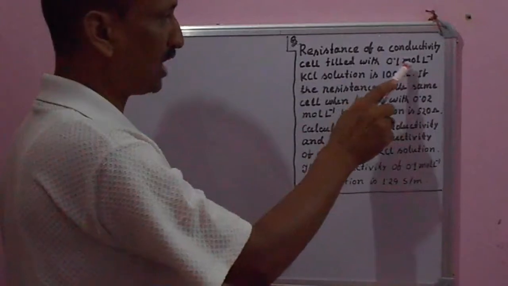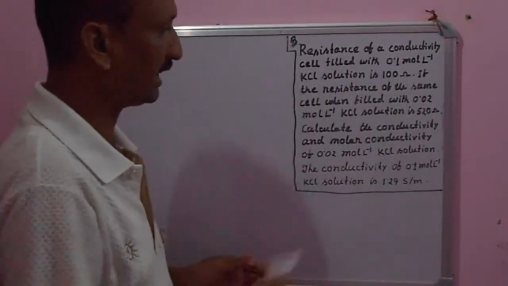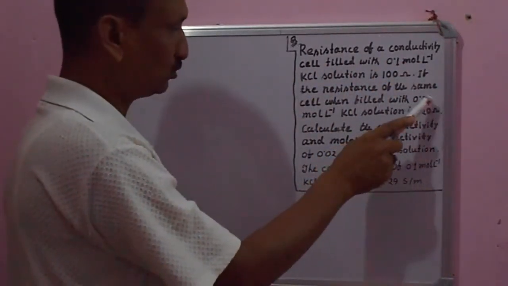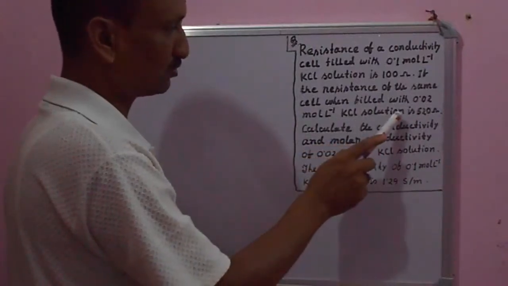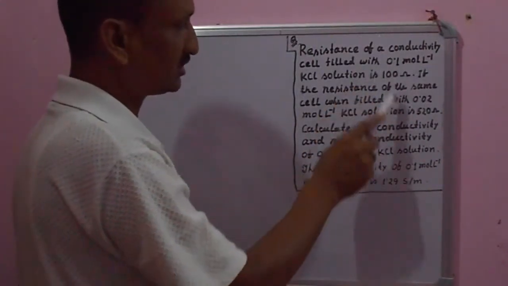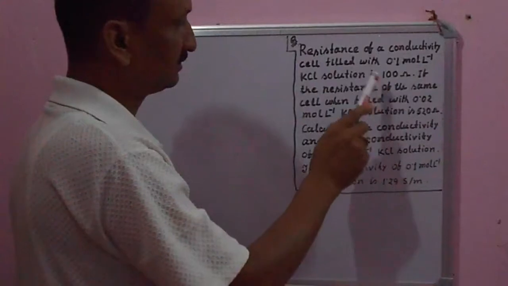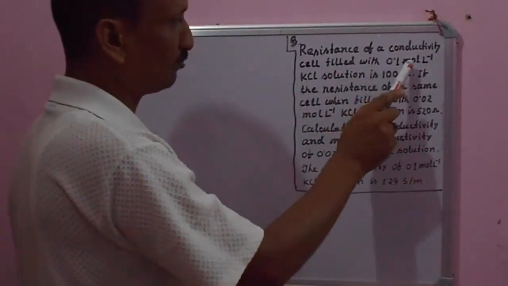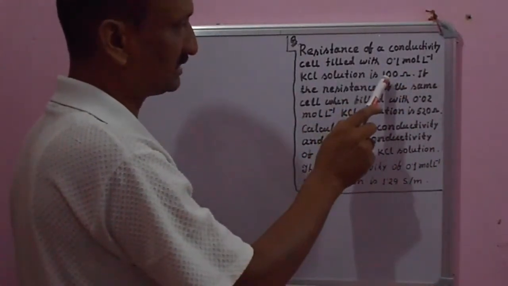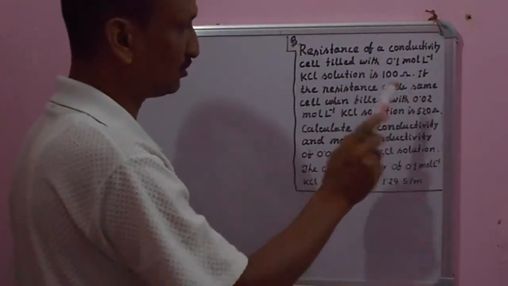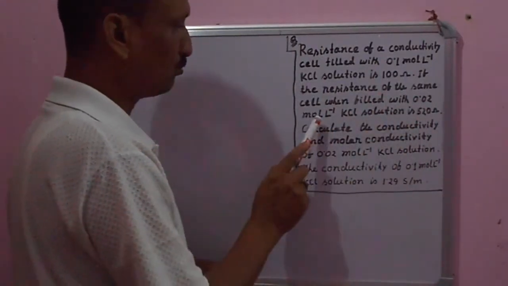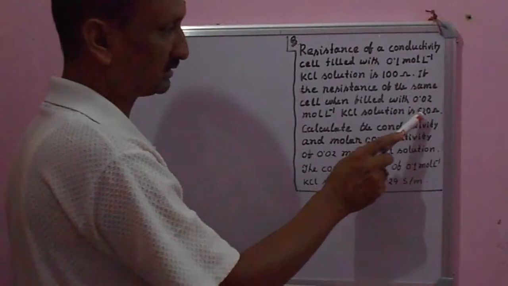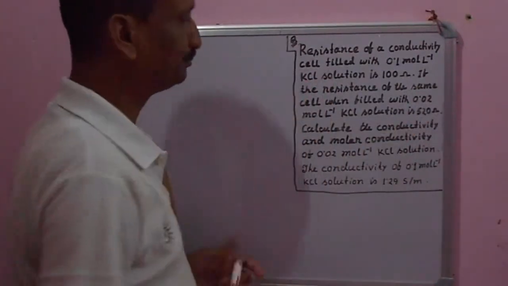One is 0.1 mole per liter KCl solution and another is 0.02 mole per liter KCl solution, and the resistance of both the solutions is measured. For the 0.1 mole per liter KCl solution, the resistance is 100 ohm, and for the second solution, that is 0.02 mole per liter KCl solution, it is 520 ohm.